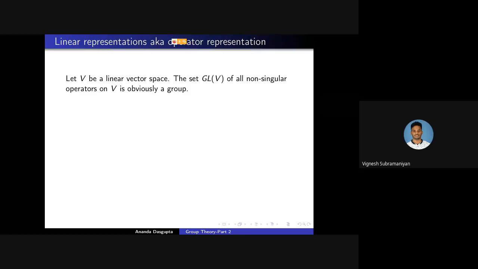But if you just take all the non-singular linear operators, which means operators which do have inverses, which act on the set V, this set is called the general linear group acting on V. We saw special cases of that, GL(N,R), GL(N,C). These were basically sets of non-singular operators acting on R^N or C^N. But GL(V) is in general the set of all non-singular linear operators acting on any vector space V. They form a group.